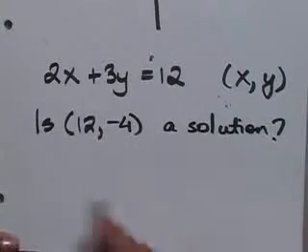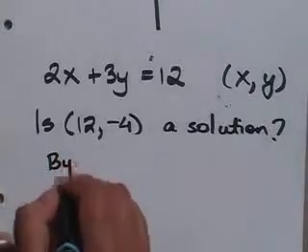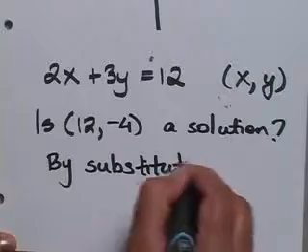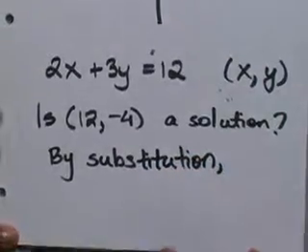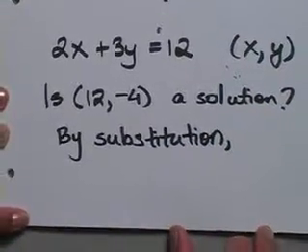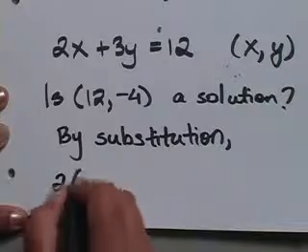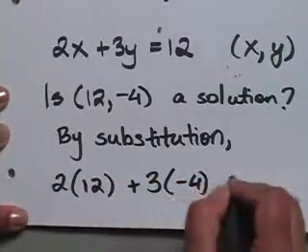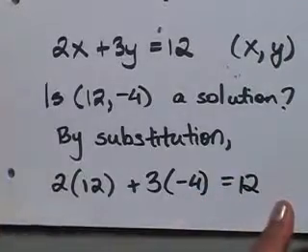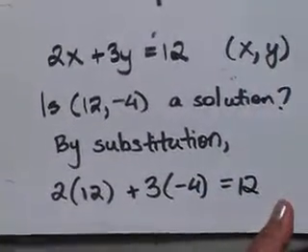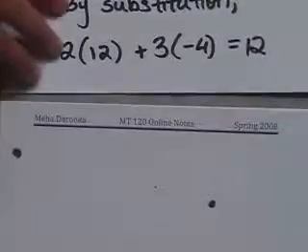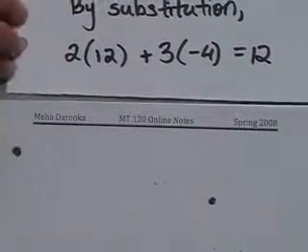Okay, so what you will do is substitute for your x and y variables, and you will end up with 2 times 12 plus 3 times negative 4 equals 12. And we want to see if we can come up with a true statement or not.